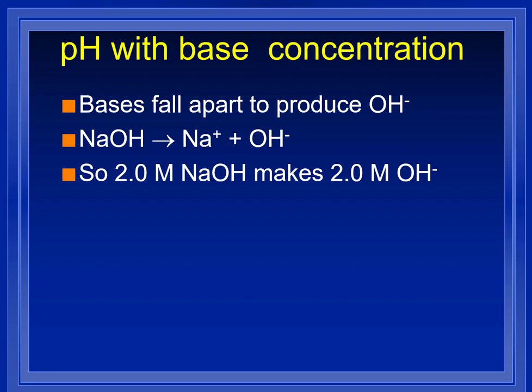So 2 molar NaOH is really going to make 2 molar OH minus. Which would give it a pOH of, we did this math yesterday, negative 0.30, right? The negative log of 2, we took the log of 2 yesterday, was 0.30, right? Everybody remember that from yesterday? So that means the pH of this is 14.30, because 14.30 plus negative 0.30 equals 14.